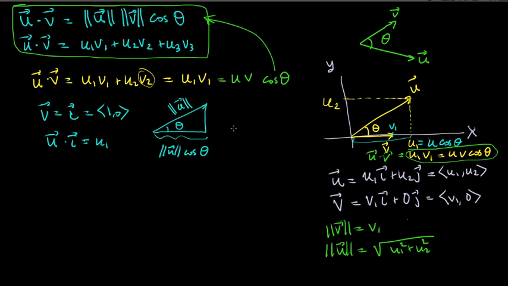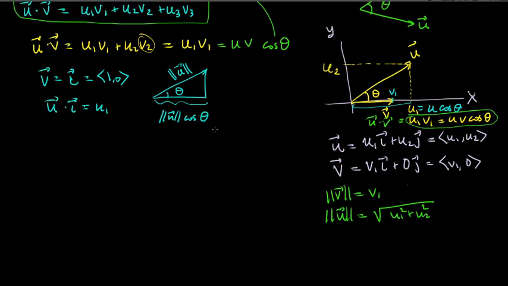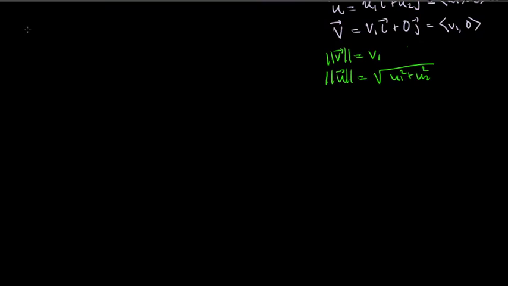But what it allows us to do then, if you're wondering how can I determine the angle between the two vectors, you can do that just by dividing by the product of the magnitudes. So let me write this over again. u dot v is the magnitude of u times the magnitude of v times the cosine of the angle between them. So if you want to solve for theta, just divide both sides by the product of the magnitudes here.